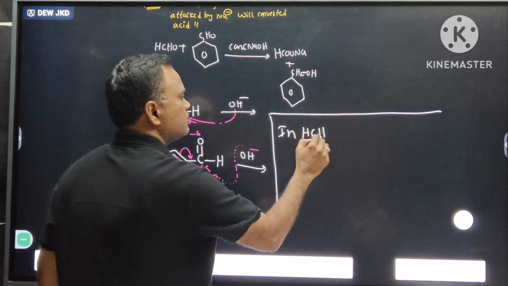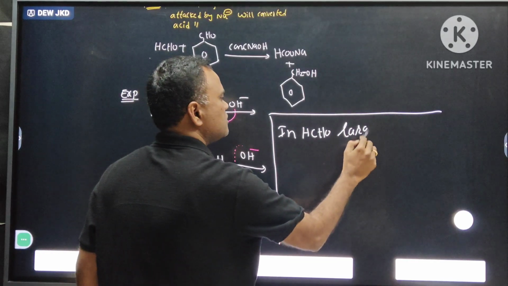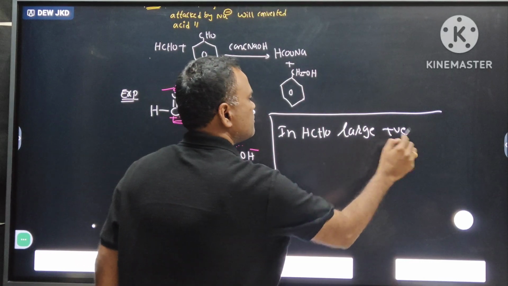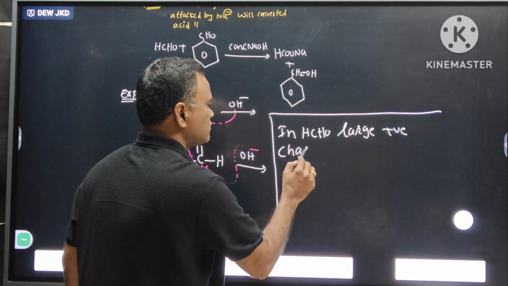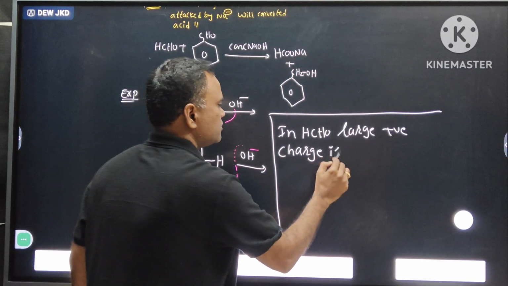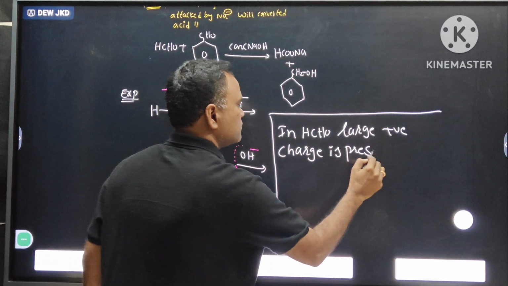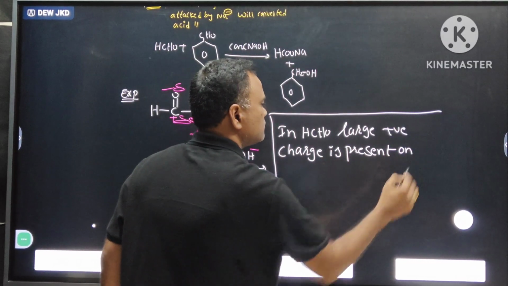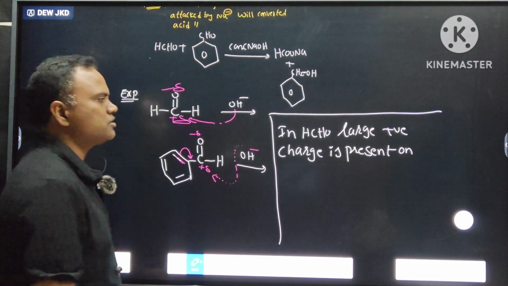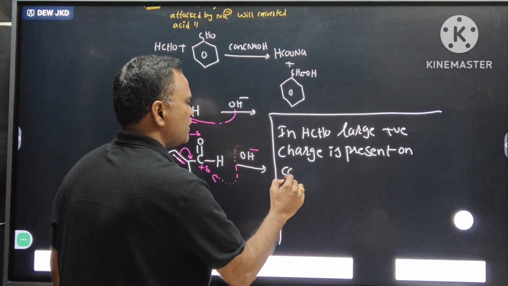In formaldehyde, a large positive charge is present on the carbonyl carbon.